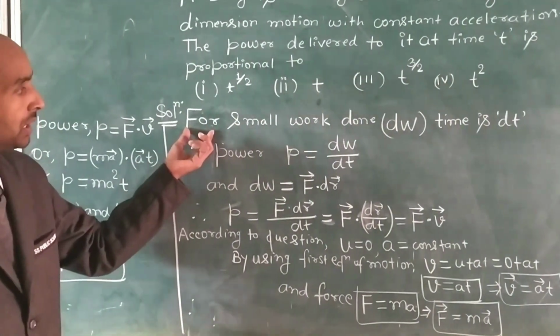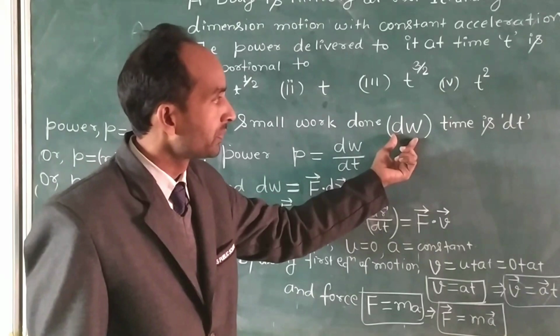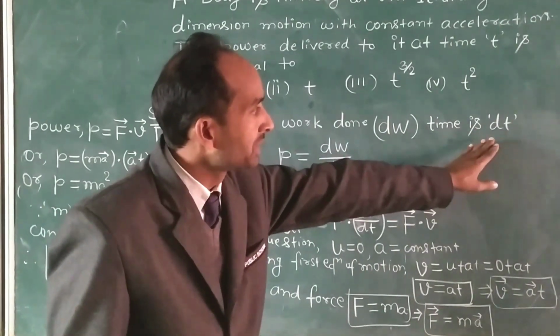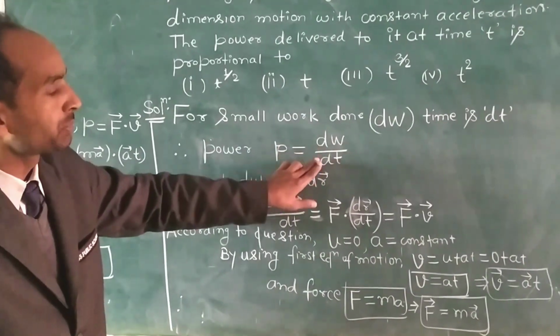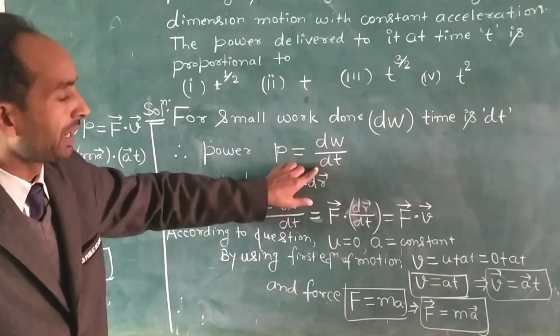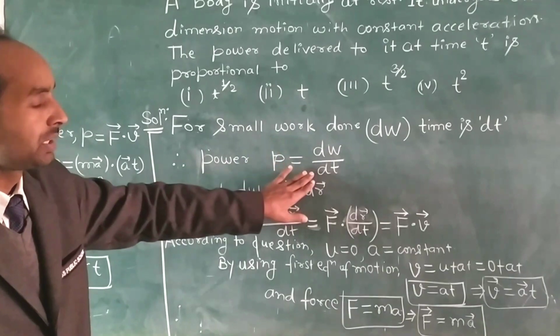We know that for a small work done dW, if the time taken is dt, then the power is given by the rate of change of work done, dW by dt, or work done in unit time.